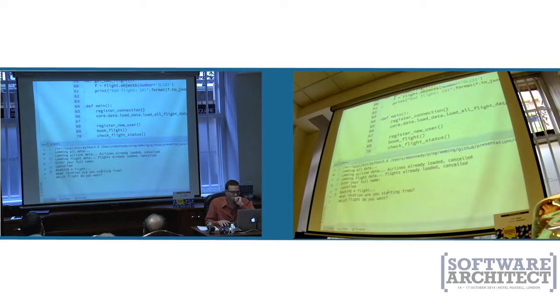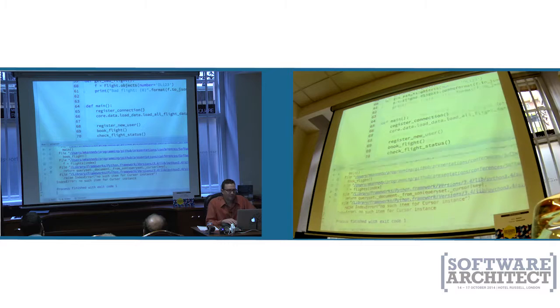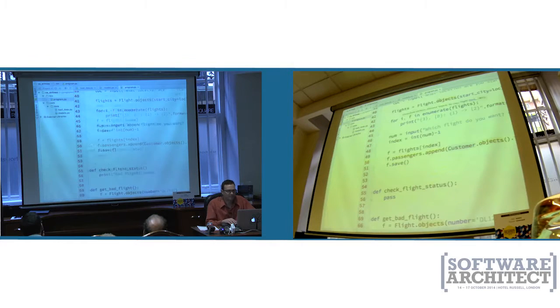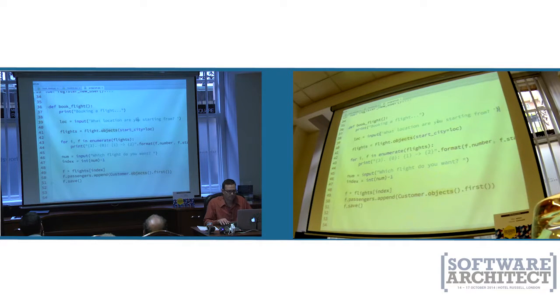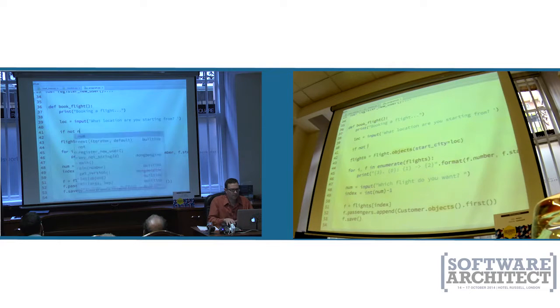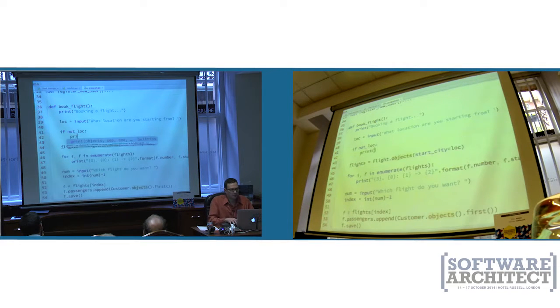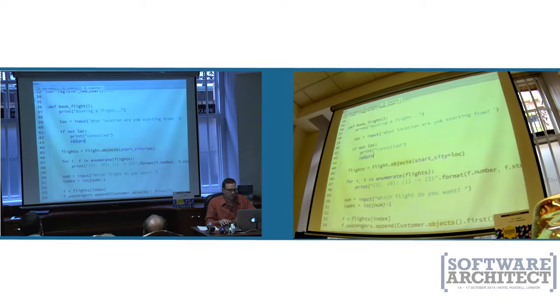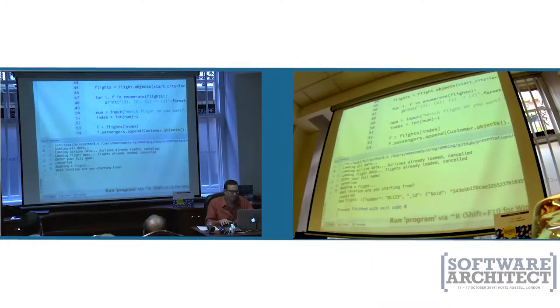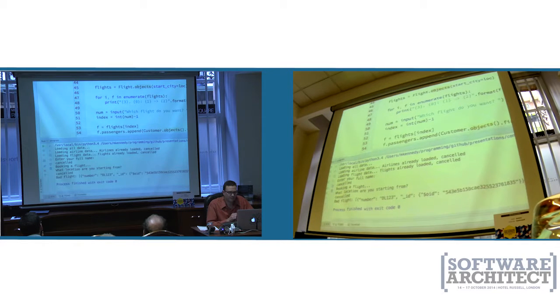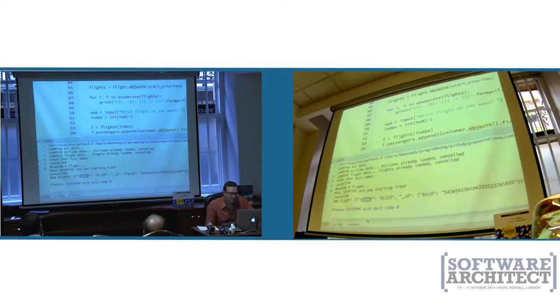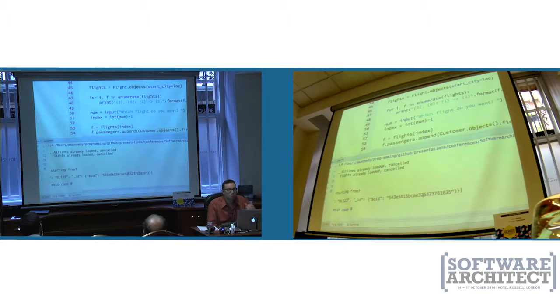Skip. Which flight do you want? I didn't add my skip. Hold on. All right, try again. Canceled. Bad flight. There it is. So number is this, and what else do you get? Nothing. Everything else is missing.